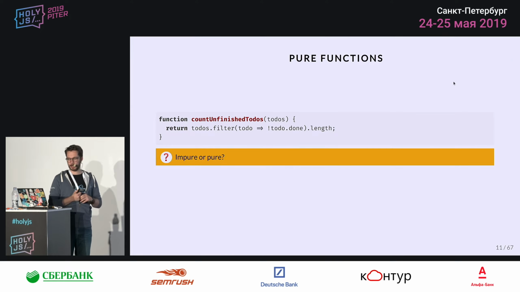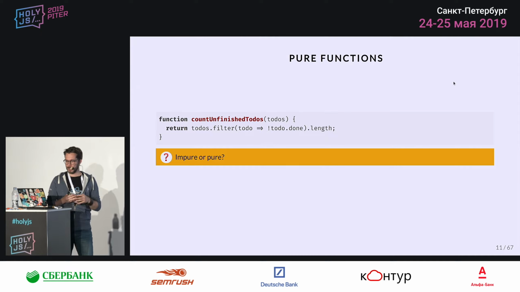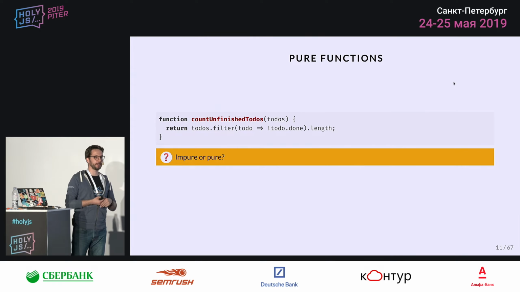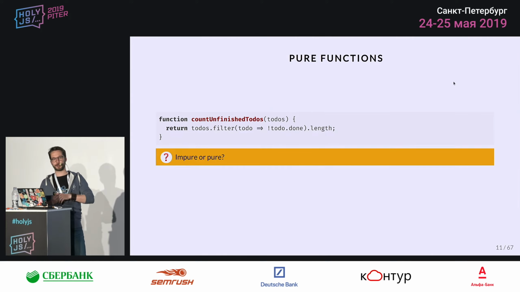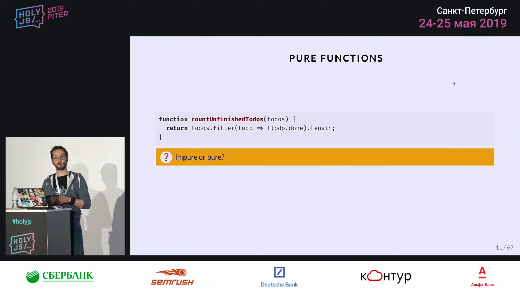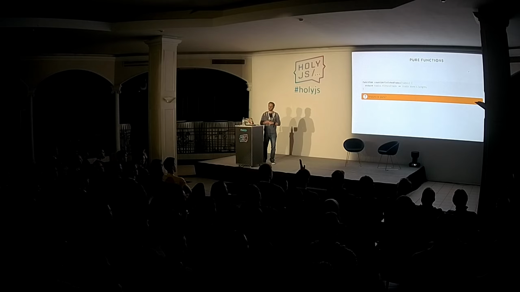Let's take a quick quiz about pure functions. So here I have a function, and my question to you is: is this function pure or not? Given a set of to-dos, it computes how many of those are not done yet. So who votes for this being a pure function? I see some hands. Yes. Who votes for impure? A few less.